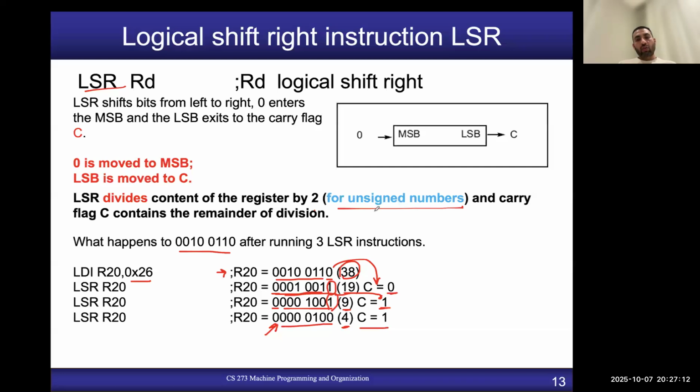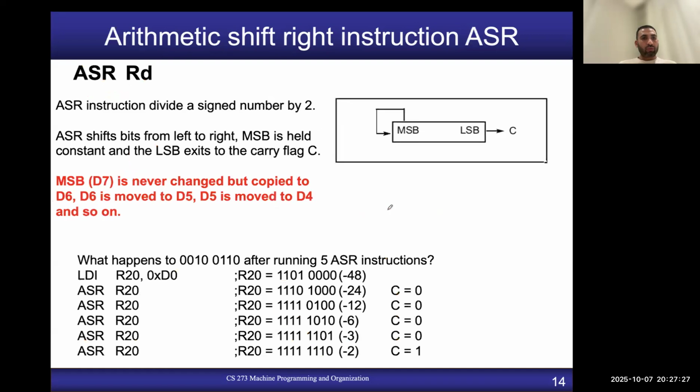Okay, so we said that we can use the LSR instruction to divide a number by 2, but that is true for unsigned numbers. What about signed numbers? Do we have a similar instruction which can divide signed numbers? Yes. That is the ASR instruction, or arithmetic shift right instruction. So how is it different?